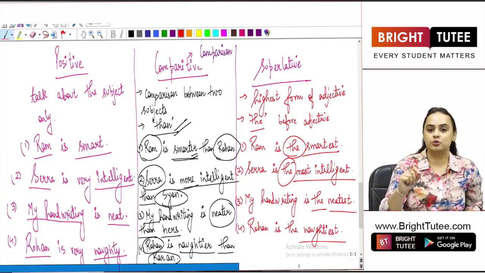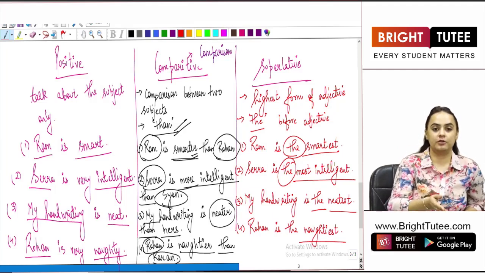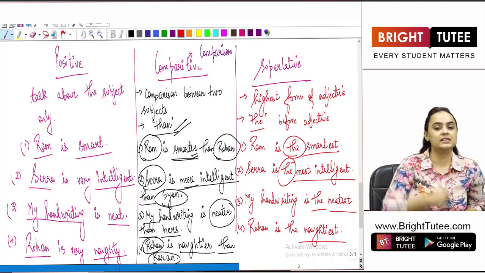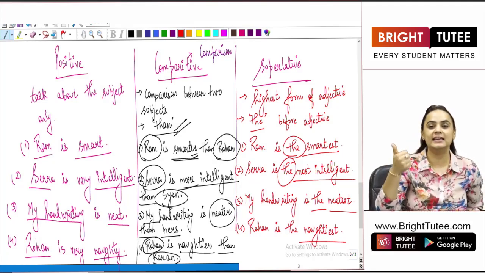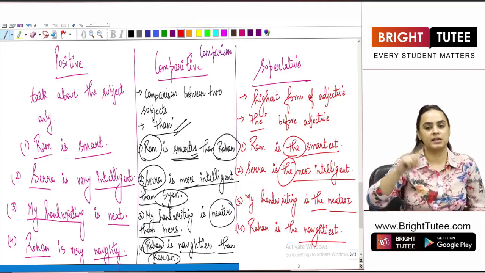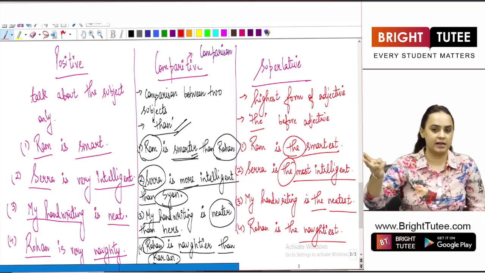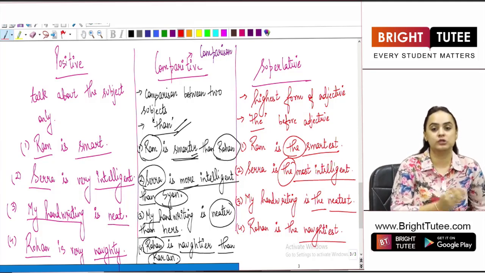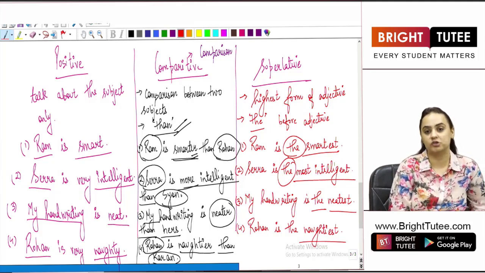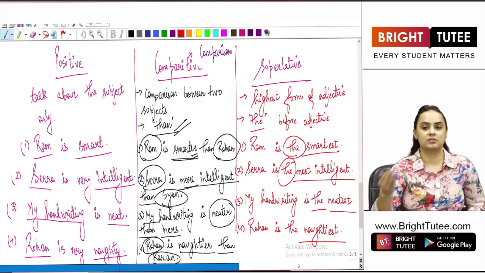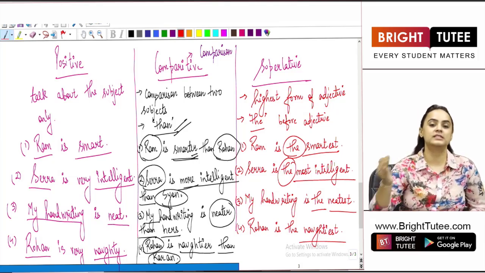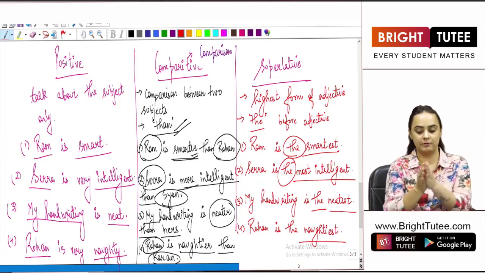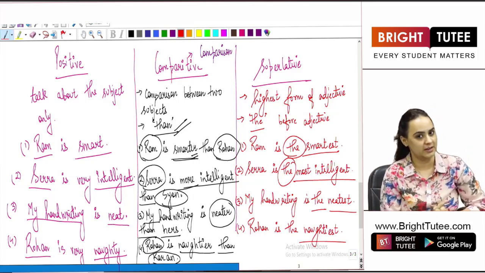The only way to change a degree of comparison from positive or comparative to superlative is either by adding est, smartest, naughtiest, tallest, neatest, or by adding "most" at the beginning of the adjective. Most hardworking, most intelligent. So, this is how we make positive, comparative and superlative.